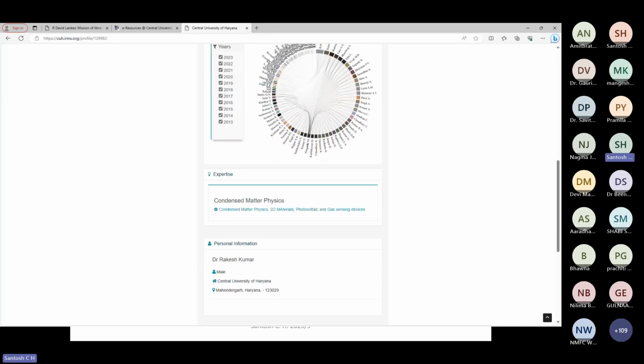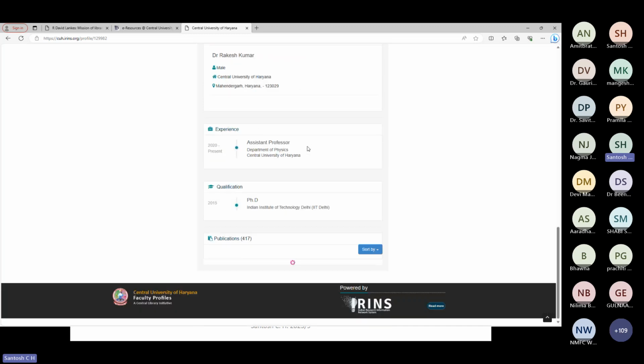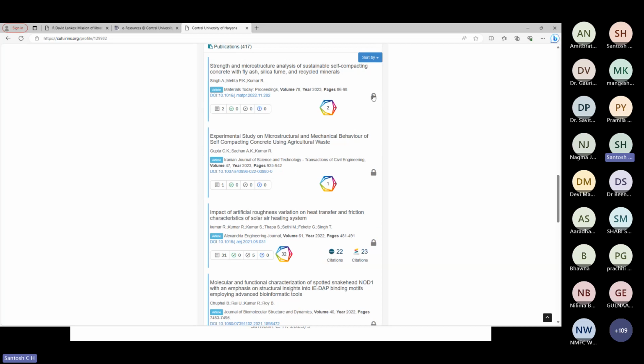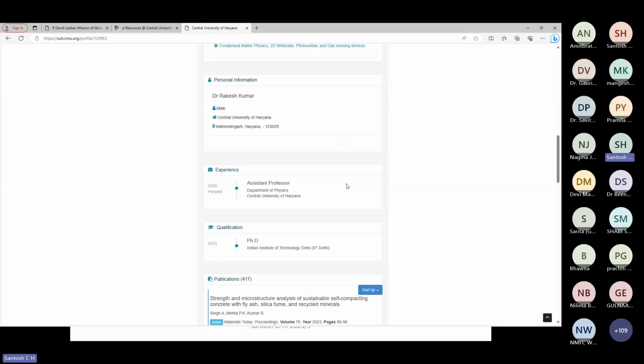I think it is loading a little slow, but you can see his 417 publications. Some are available in open access, some are in closed access, right? This is the way this profile really helps people to know your credentials and your achievements, right?